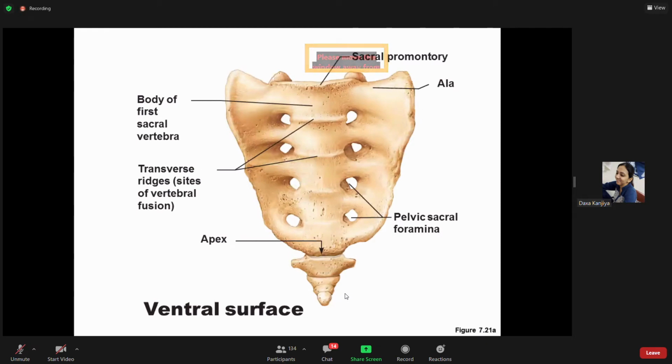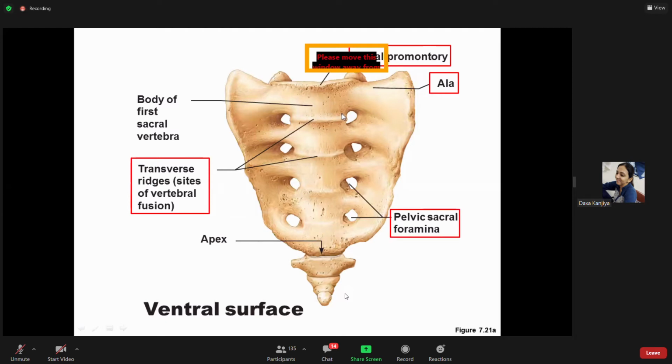So these are the features of the ventral surface. We have seen the sacral promontory, the central part of the base, and the ala of the sacrum, the lateral part of the base. The central mass is divided into 5 segments by 4 transverse ridges. Here you can see the transverse ridges. There are 2 columns of the pelvic sacral foramina on either side of the central mass.